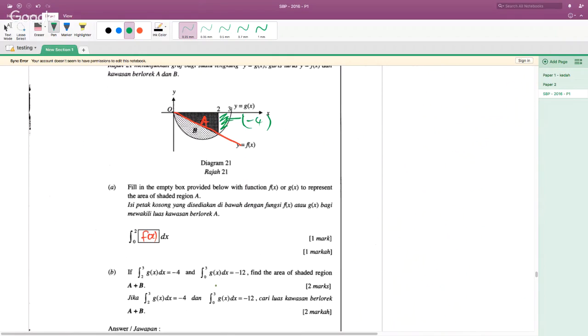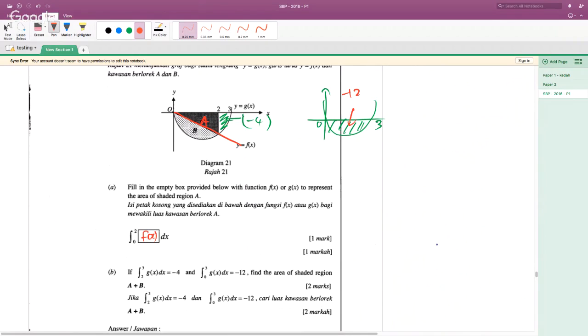And integrating g(x) from 0 to 3, you get -12. 0 to 3 means the whole thing. This is 0, this is 3. The whole area here is -12.